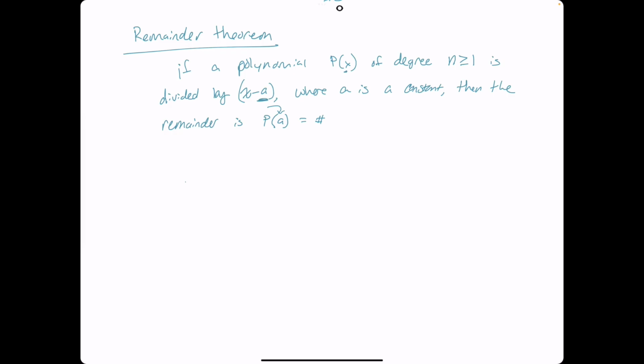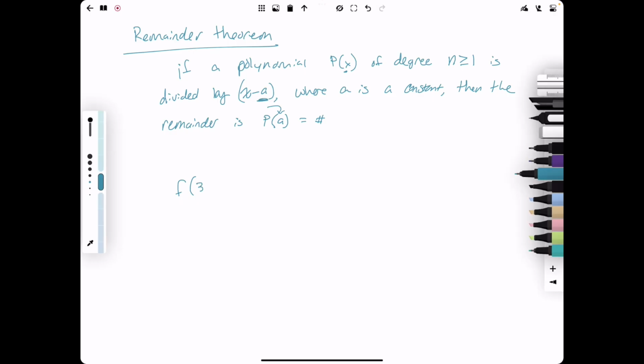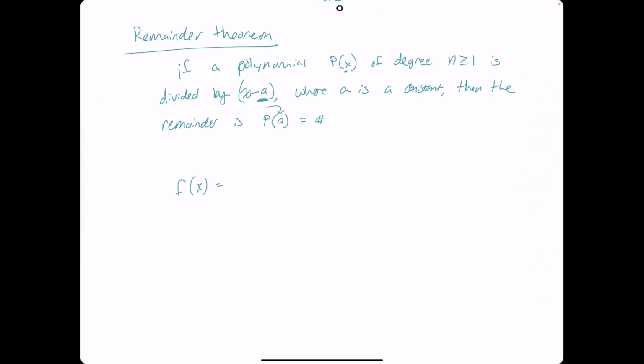Like if I have f of x equals x to the third plus 7x squared minus 10x plus 32. Totally making it up. I don't feel like plugging in f of 2 and doing all that math.